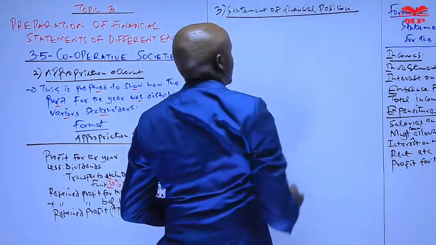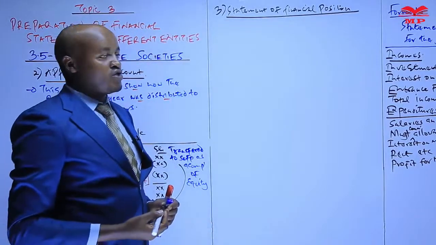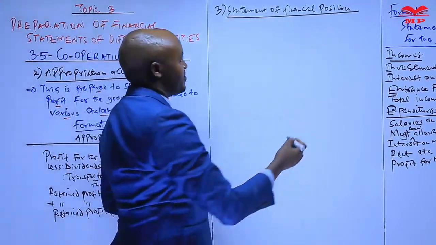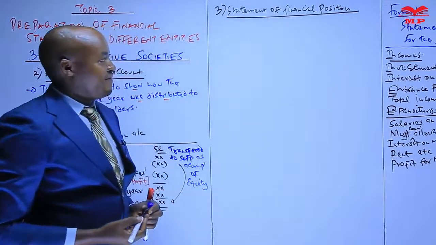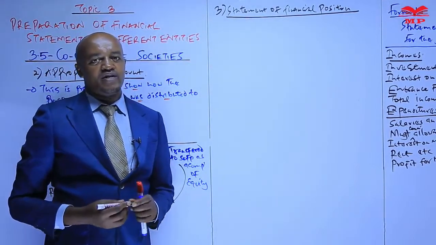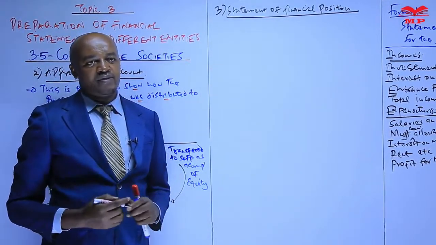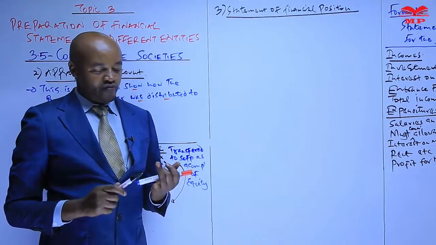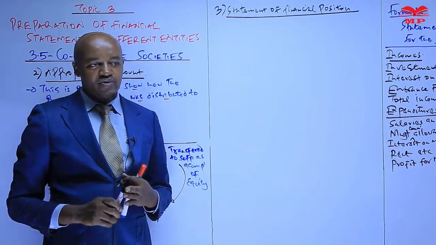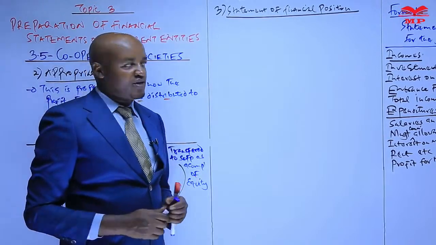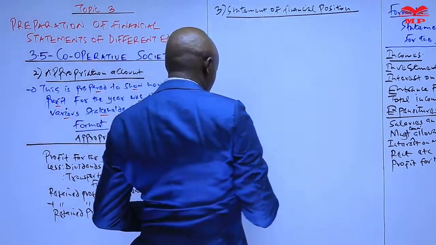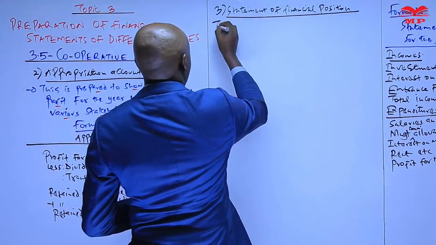Now, the statement of financial position, formerly known as the balance sheet, is prepared to show the financial position of a cooperative society at the end of the year. In other terms, this is a statement of assets, liabilities, and equity, and it always has to be prepared based on the accounting equation.